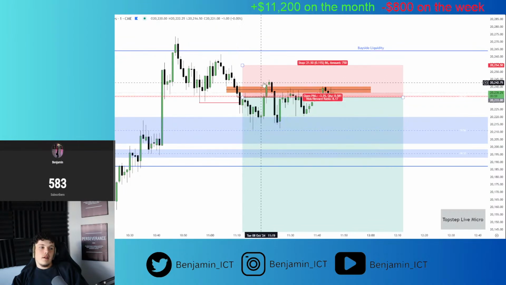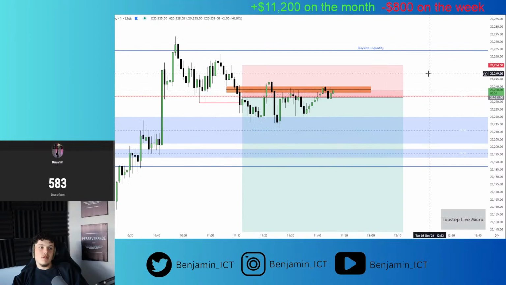This little fair value gap that I traded into there, which caused price to rip down lower. I'm exhausted. This trade better pay for me to wait in here for so long.